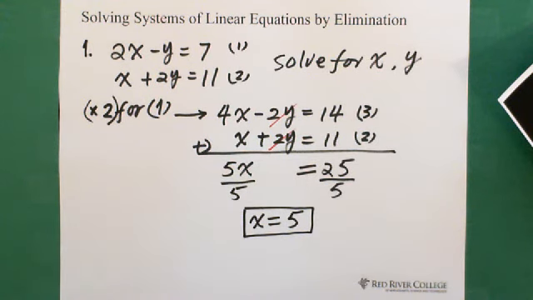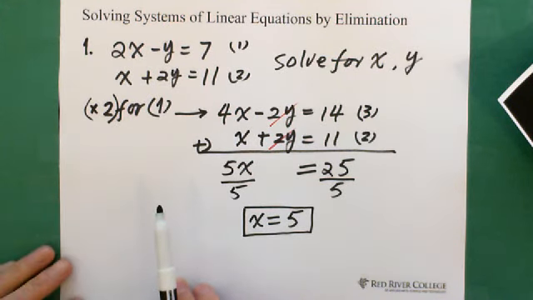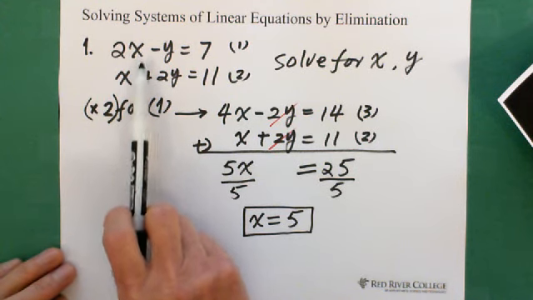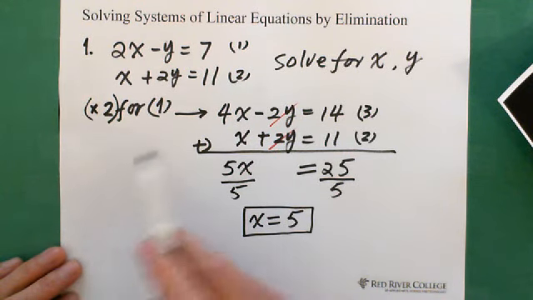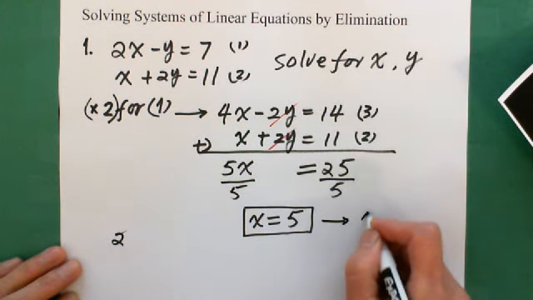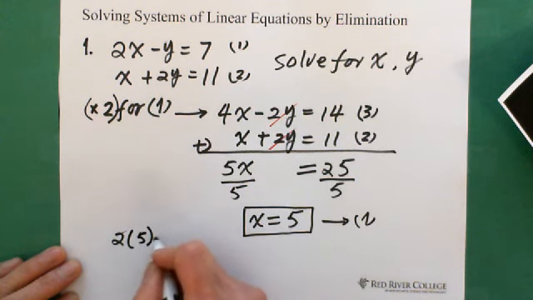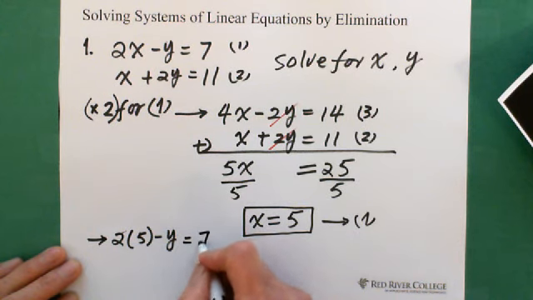After you get this, you plug x equals 5 into any of the equations. It doesn't matter which one you use. Maybe I put it into the first one: 2 times 5 minus y equals 7.